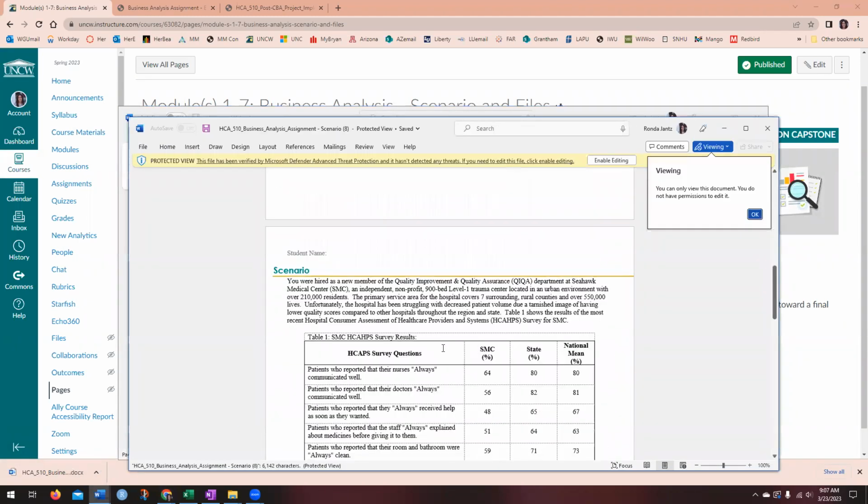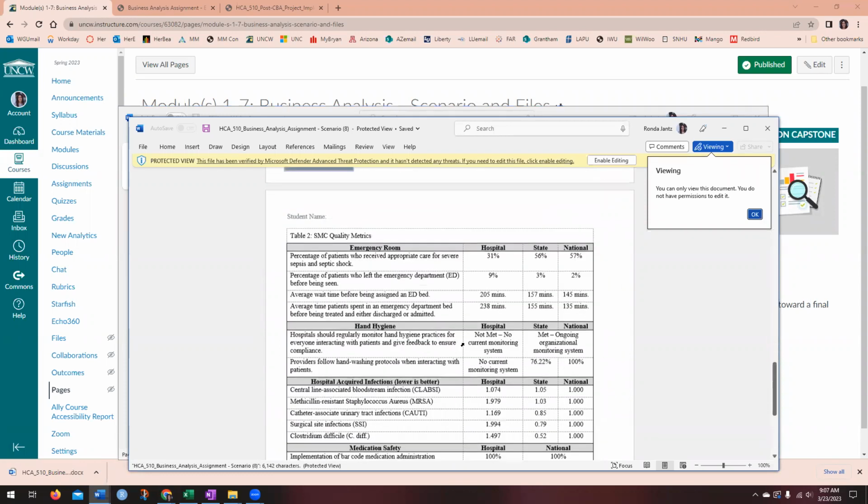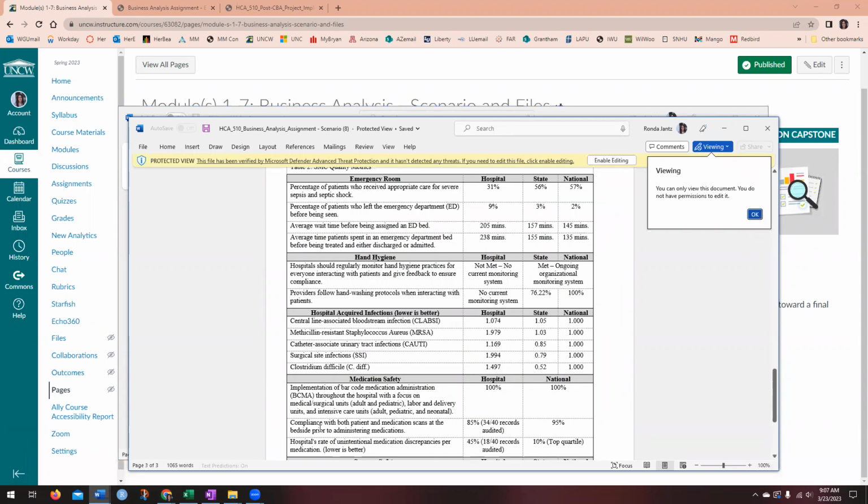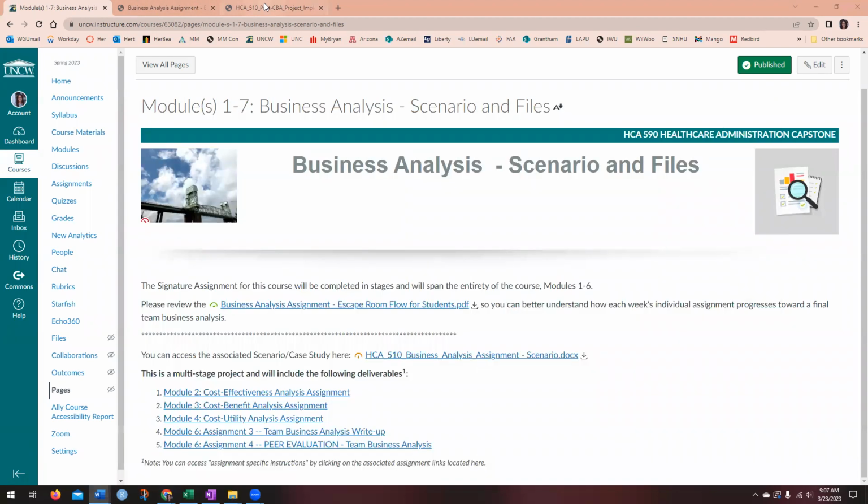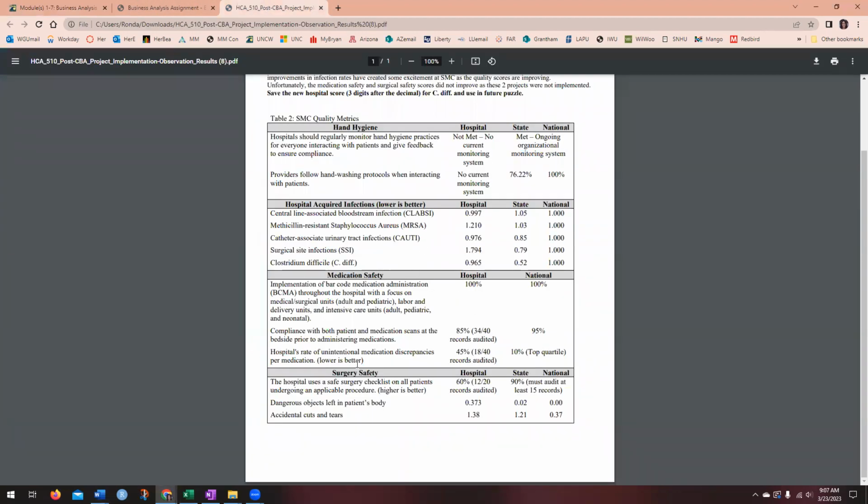It's showing us where we started, and then we're going to look at where we are now. And you're going to save the 3 digits for this one for hospital, the 965 for a future project. And so that's going to be in your post file.